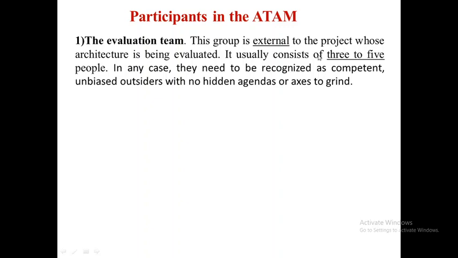Generally, to get more accuracy and more unbiased analysis, people are chosen from outside of the organization. But they may be from within the organization also. There is no hard rule that people must come only from outside, but generally we give the evaluation to externals.